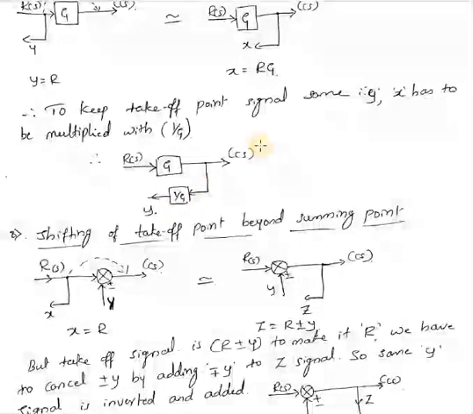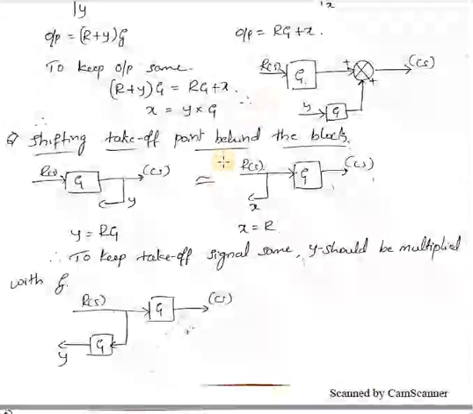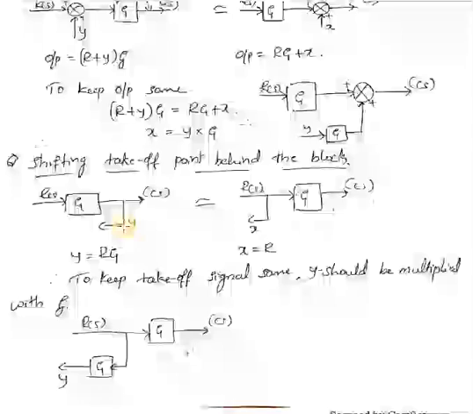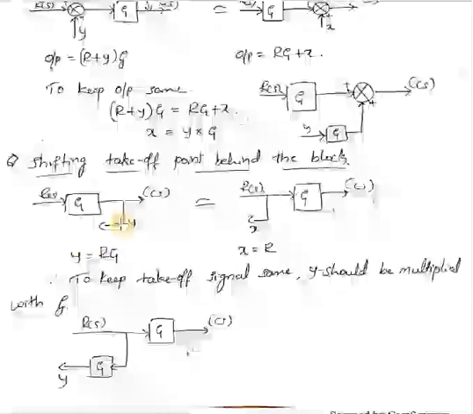Here, if you observe, the shifting of takeoff point and shifting of summing point are the same but in reverse condition, vice versa. When you are shifting a takeoff point behind the block, you are multiplying with the transfer function.